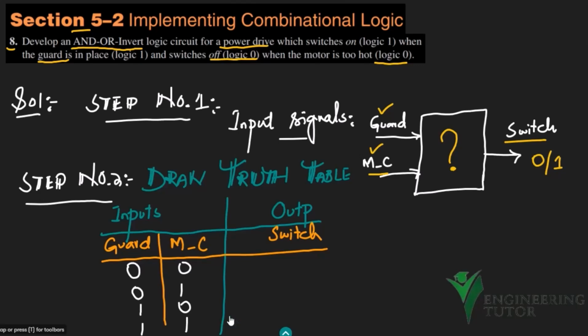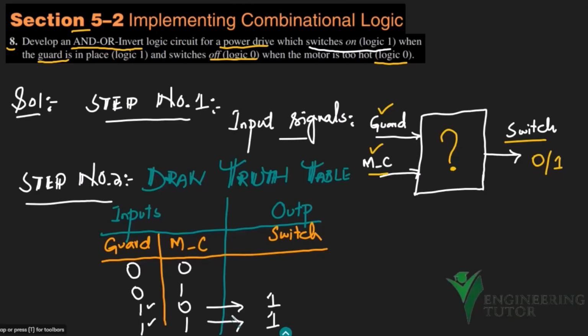Let me write the combinations on the basis of it. From this statement we can see that the switch will be on, at logic 1, when the guard is in place. So when the guard is in place, it means it is 1. In these two conditions the guard is in place, so I have to write 1 here and 1 here as well.